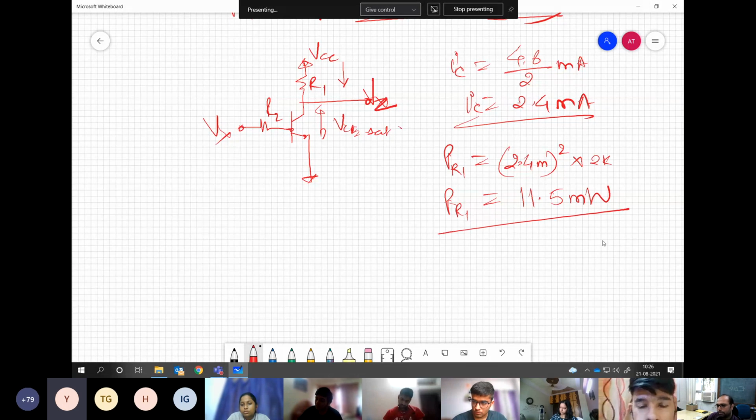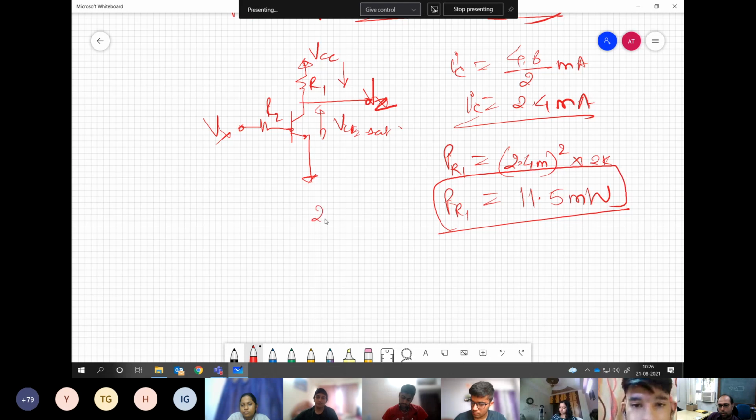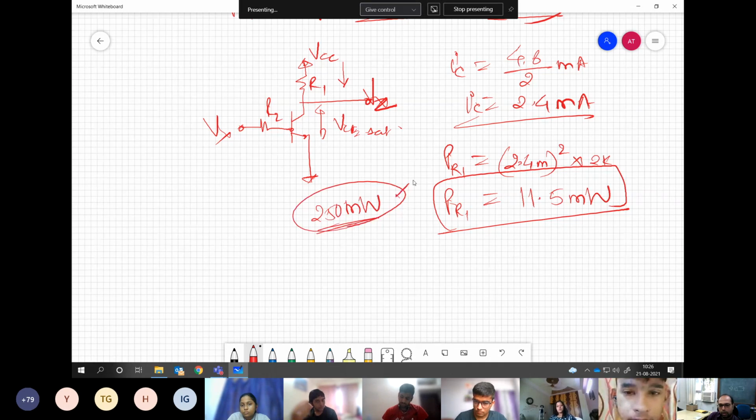Is this correct? So now this is coming within our restriction of 250 milliwatt, that is the quarter watt this resistance can accept. So this is a good reasonable design.